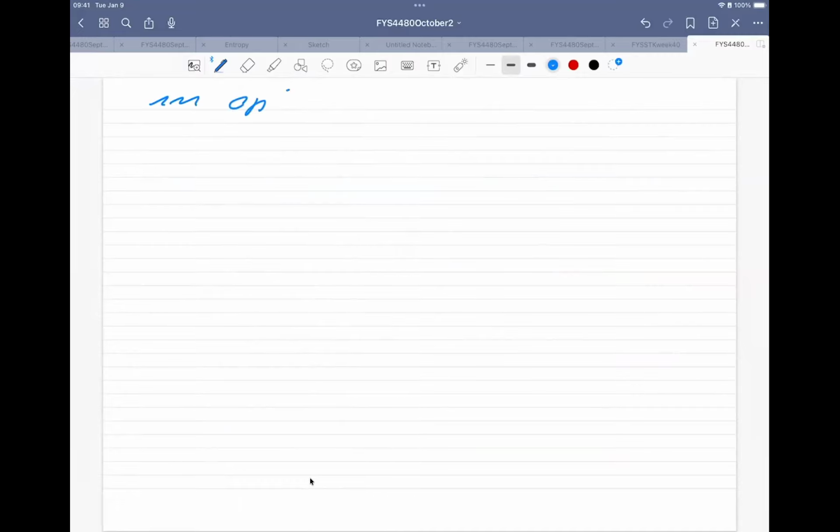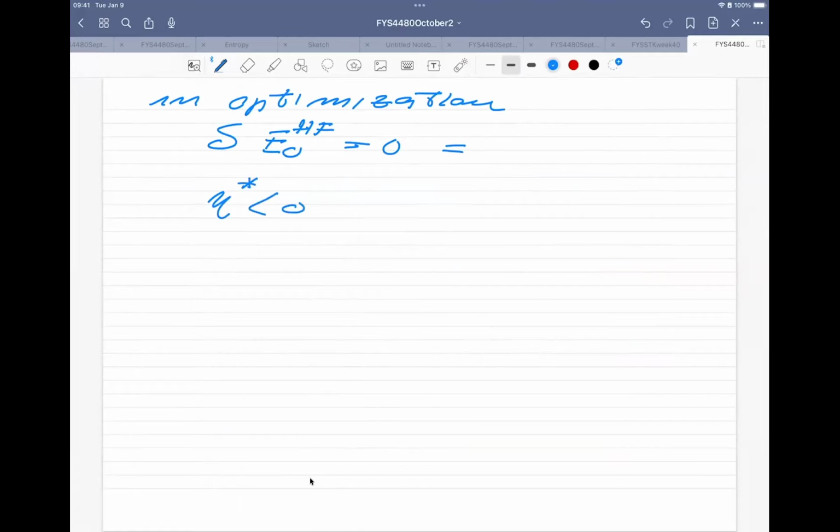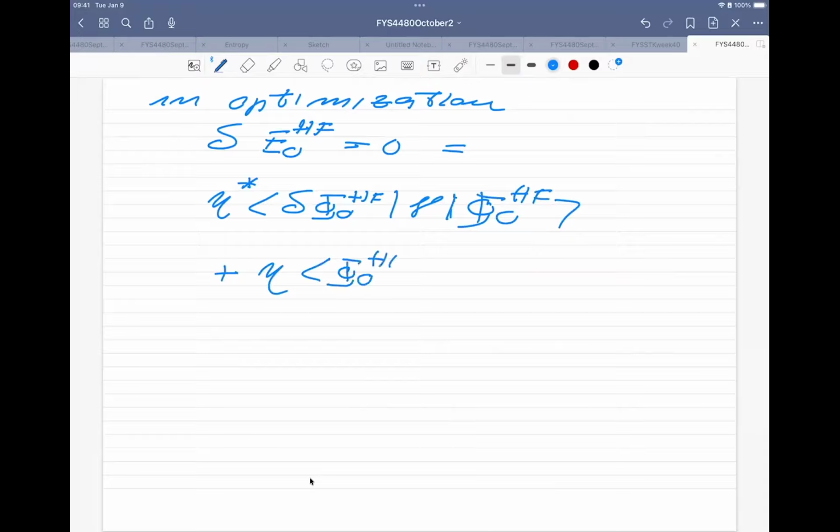So the optimization problem is obviously to put the small changes, delta E Hartree-Fock, equal to 0. That means that we are going to collect the two terms, delta phi 0 Hartree-Fock H phi 0 Hartree-Fock plus eta phi 0 H delta phi 0 Hartree-Fock.